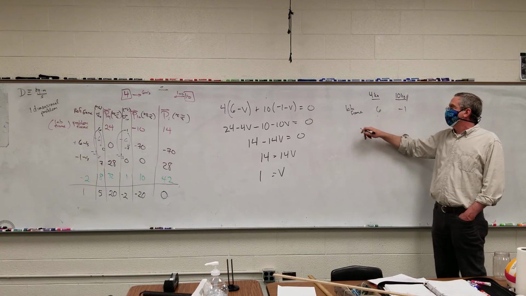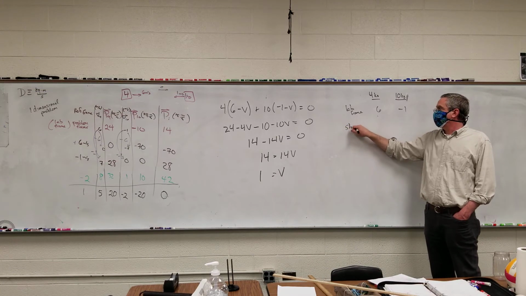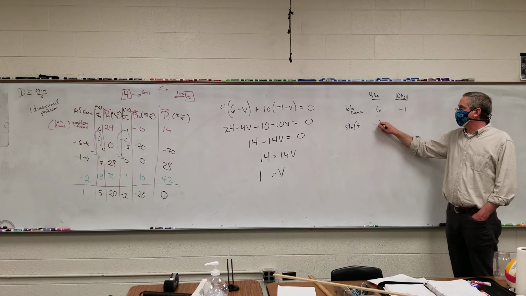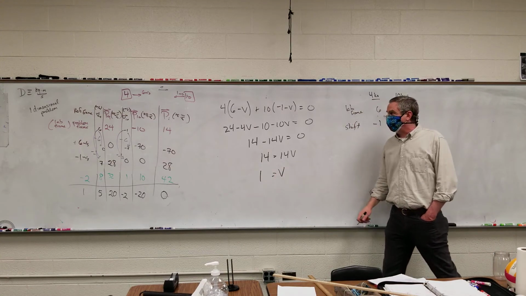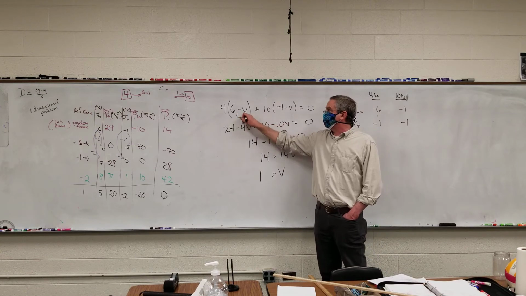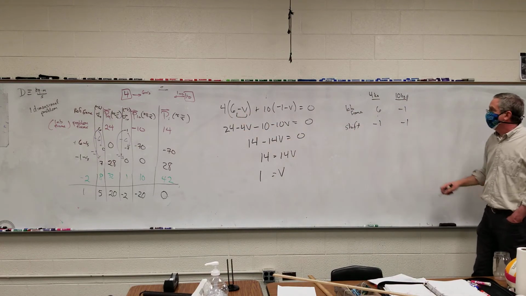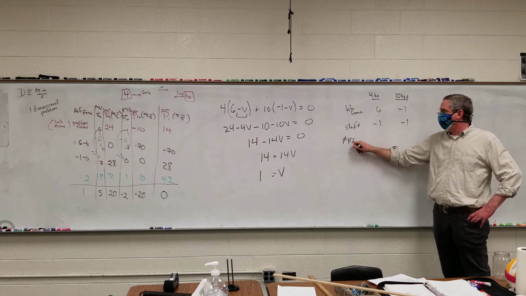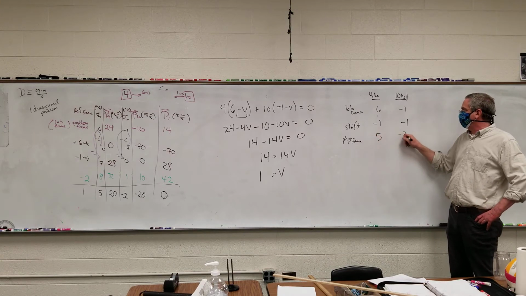So then I shift to the zero momentum frame, so I'm gonna subtract 1. I'm subtracting 1 because it's a 1 right there. And I'm subtracting it because, well, that's what I did right there. I did minus whatever that number is. So that puts me into the zero momentum frame. So now it's going 5 and -2.